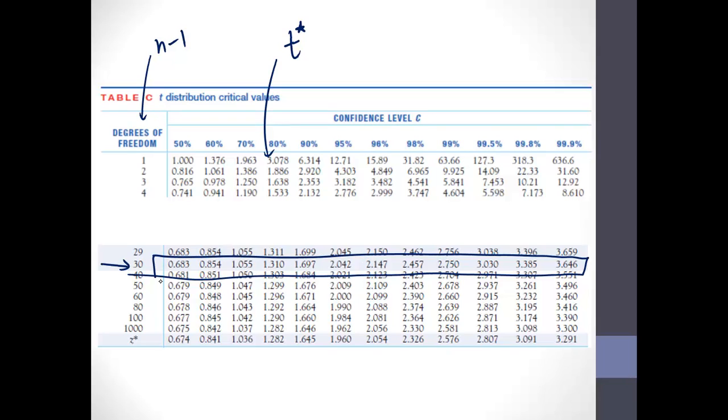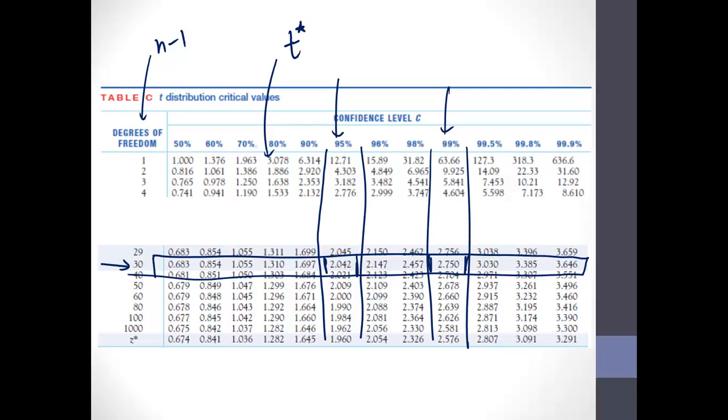So if I want a 95% confidence interval, I would use 2.042. If I wanted a 99% confidence interval, for example, I would use a slightly larger number, and so on there. So again, the usual columns that we looked at before were the 95%, the 99%, and the 90% here as well.